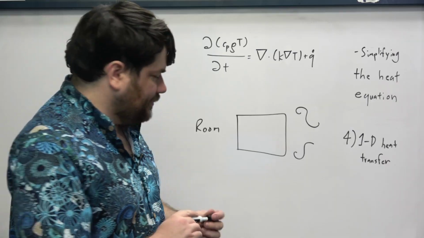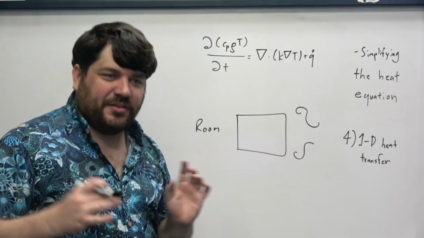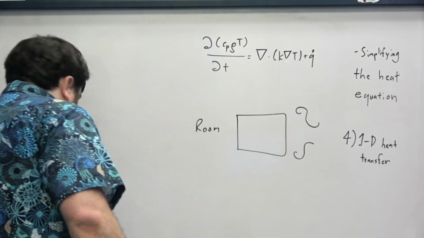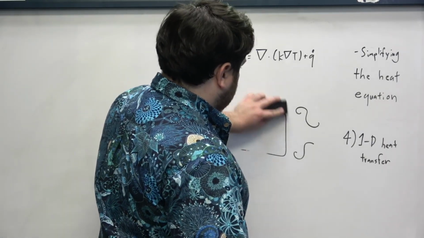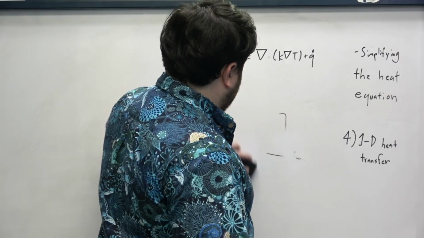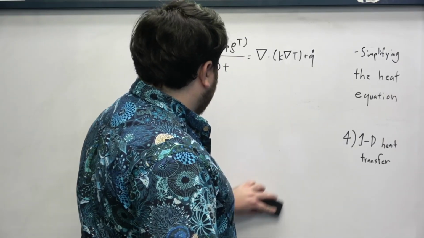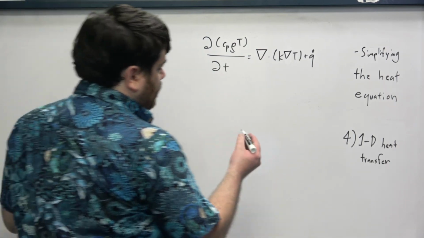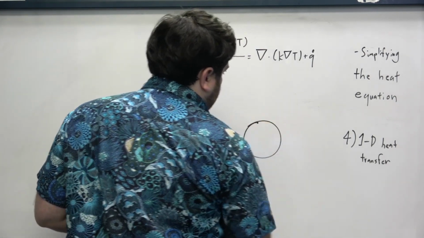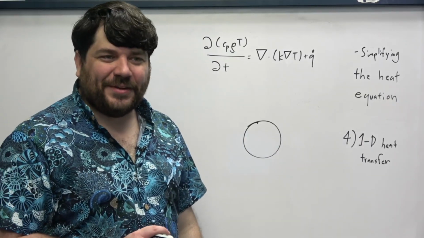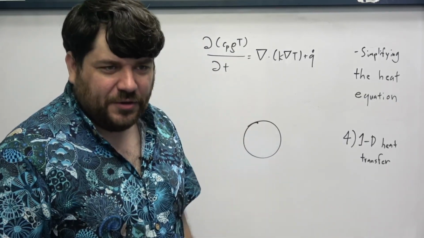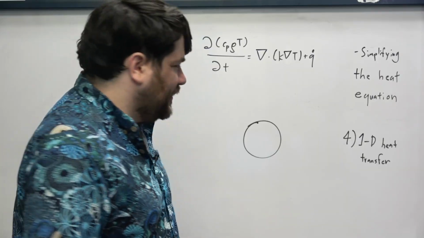Because think of the following, right? This is a perfectly valid scenario in which we can consider one-dimensional heat transfer, right? But we could also consider a situation where, let's suppose that I have some kind of uranium rod, okay, that is generating heat as part of some kind of uranium power plant or whatever.